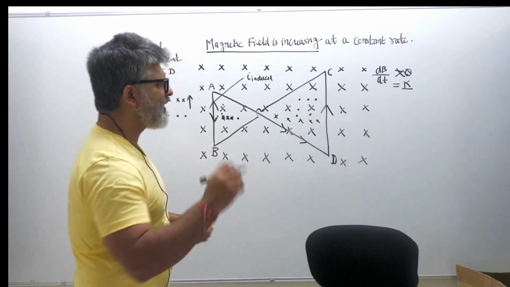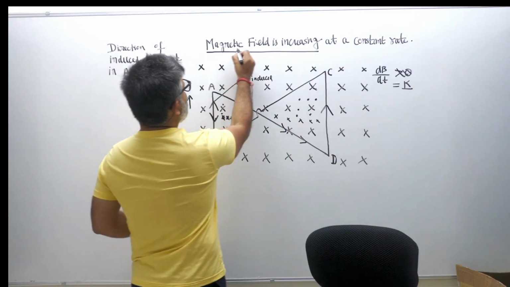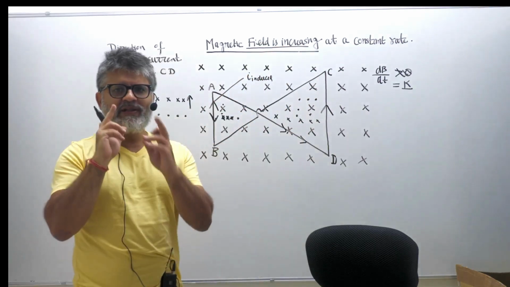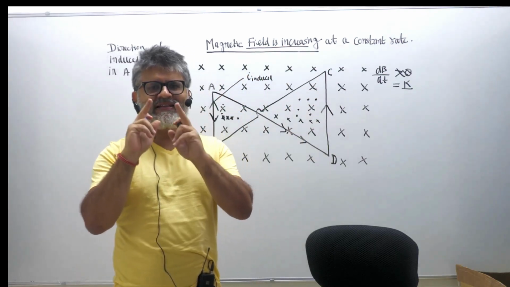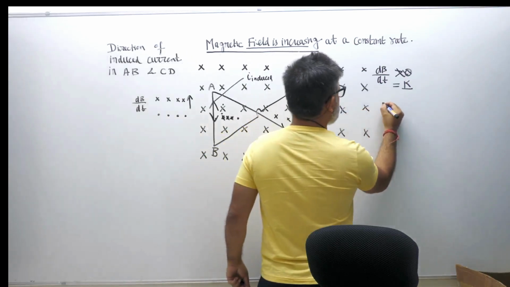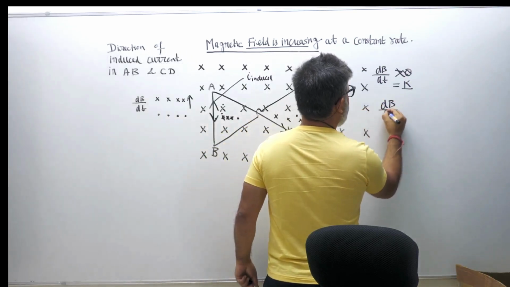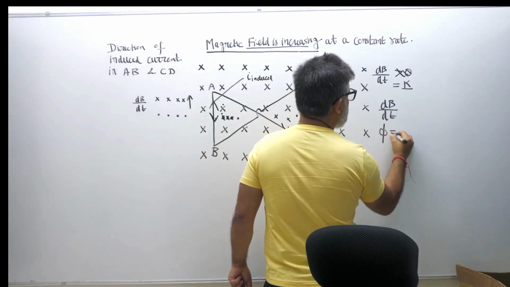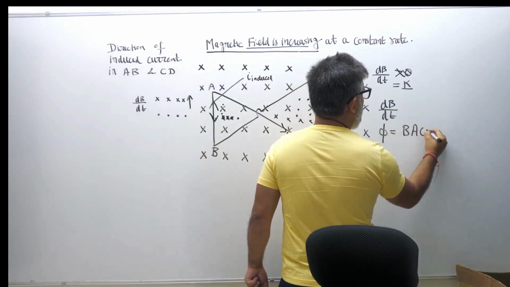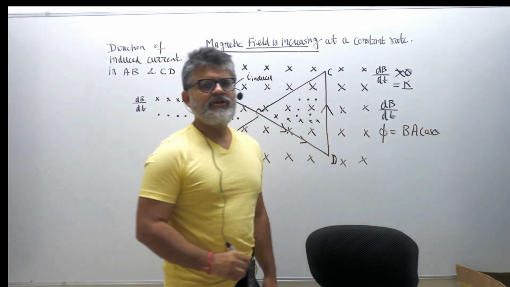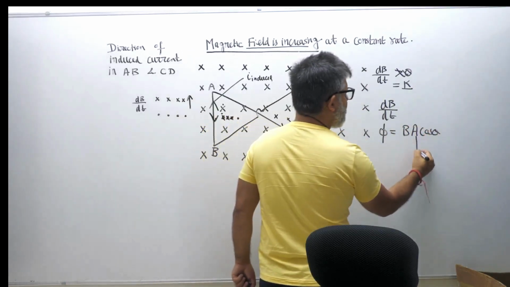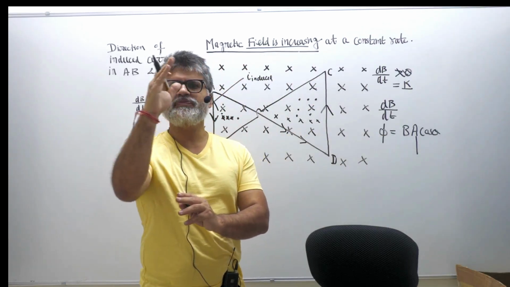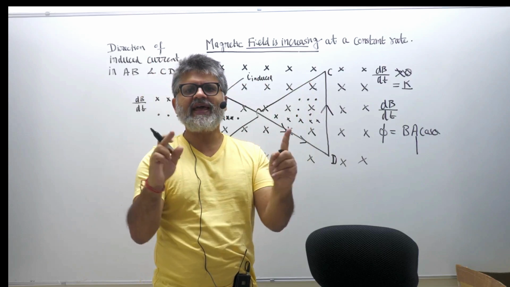You can expect certain questions in which this language is mentioned. The moment you listen to this, magnetic field is increasing, you should know the question is dB by dt, right? Just as a quick revision, flux is equal to BA cos theta. You can change area, which is the size of the circuit itself, the conducting rod which moves, or the area changes.